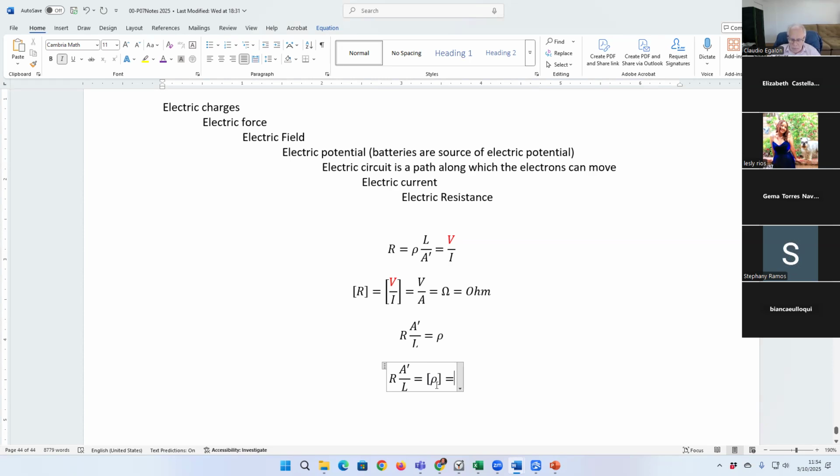The unit of rho is going to be the unit of resistance times the unit of area divided by the unit of length. And we get exactly what you saw in that table of resistivity. The unit of resistivity is the ohm times meter.